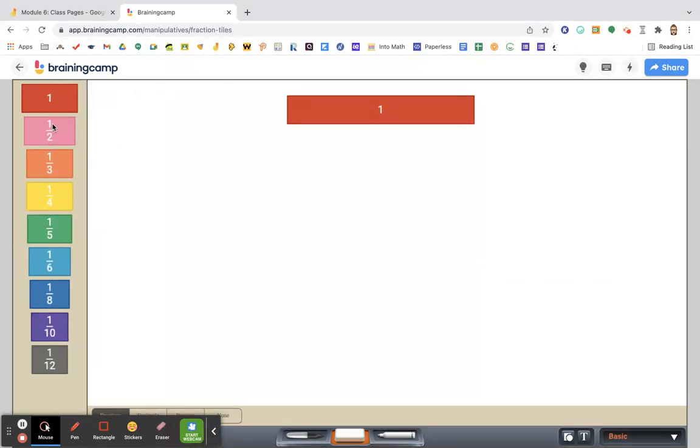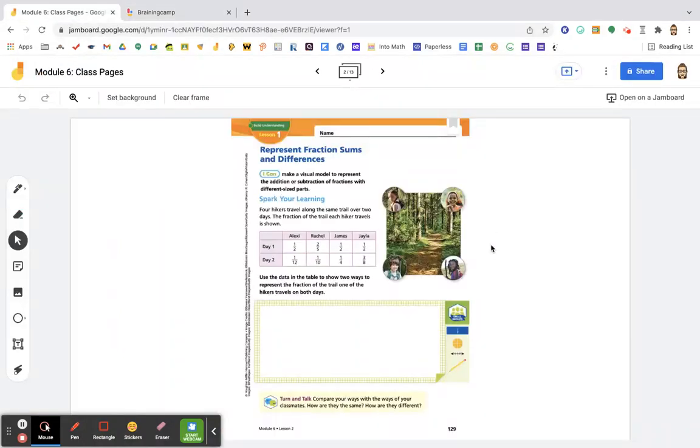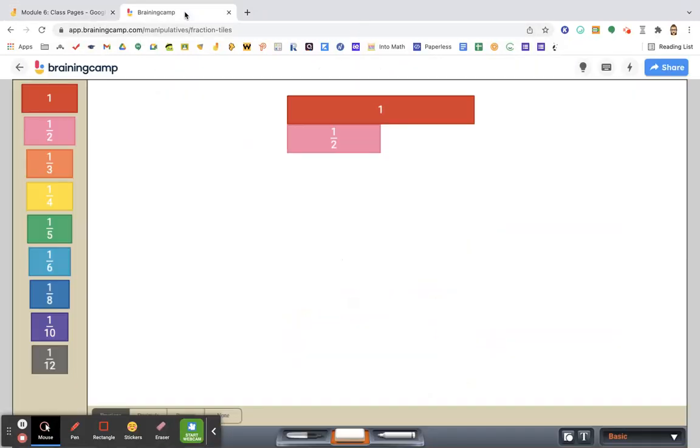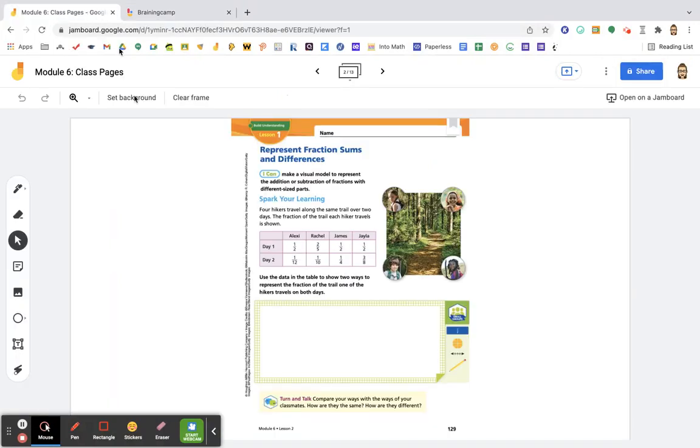So I'm going to pull the 1/2 block over, because I'm always going to compare it to 1. And then on day 2, he hikes 1/4. So I'm going to take my 1/4 and put it here. So that is one way that I can show the 1/2 and the 1/4.